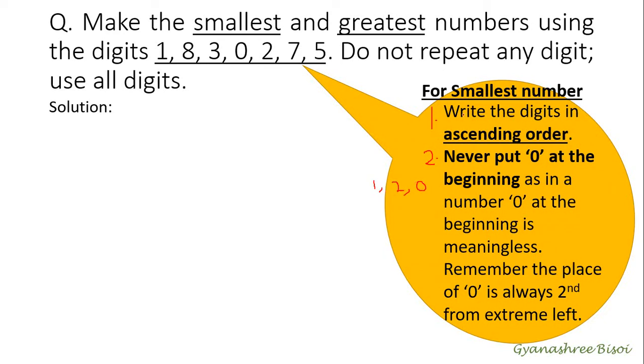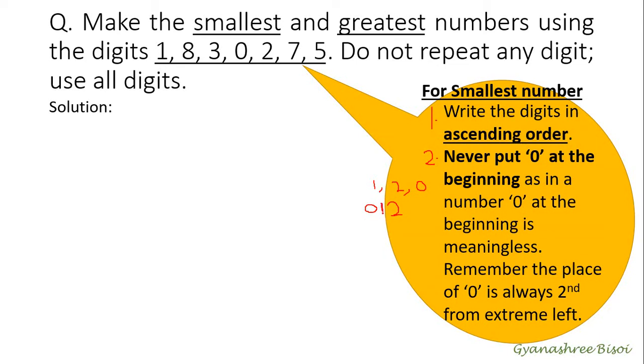So, what is point 1? Write the digits in ascending order. In ascending order means smallest to greatest. Which one is the smallest digit among these 3? 0 is the smallest. Then someone may write 0, 1, 2. Then how will he read this number? 12 only.